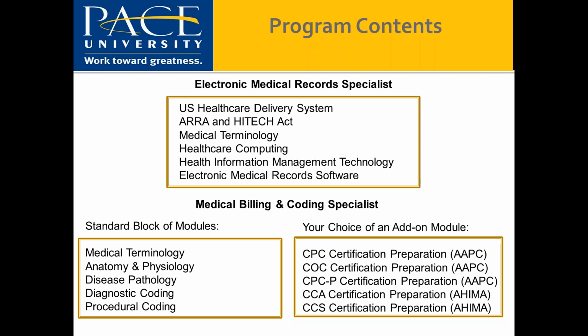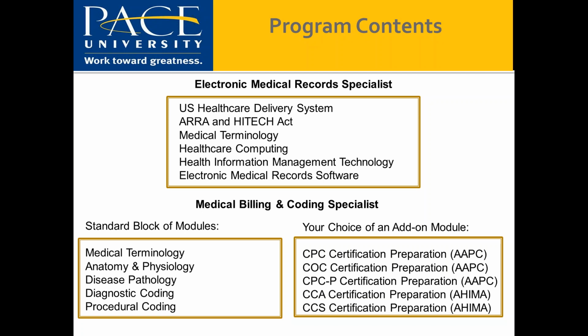For medical billing and coding, every participant completes the standard block of modules. The standard block includes medical terminology, anatomy and physiology, disease pathology, diagnostic coding, and procedural coding. Then from there, you will also take an add-on module.